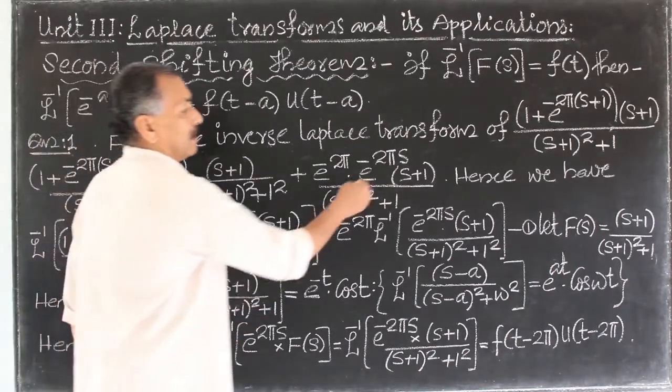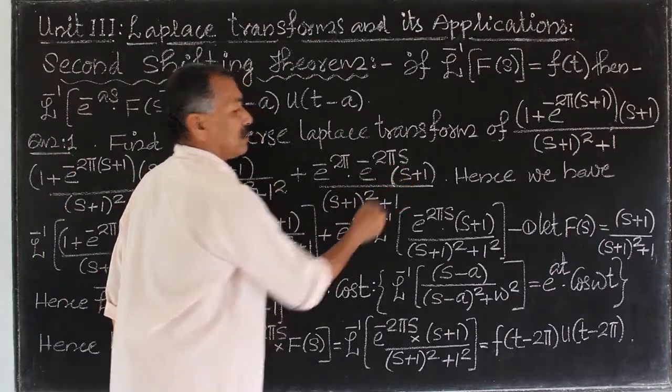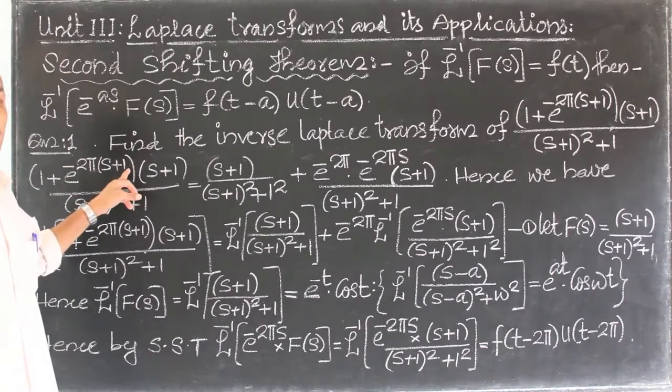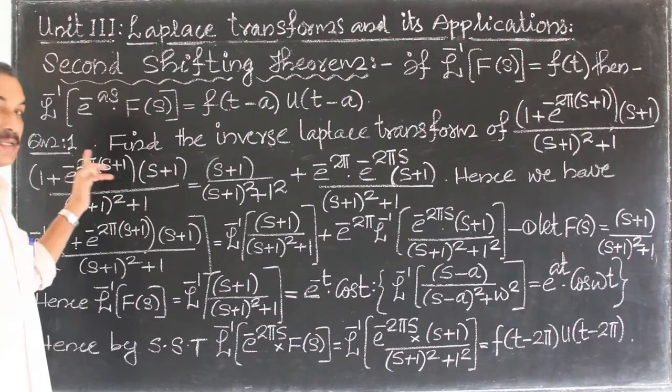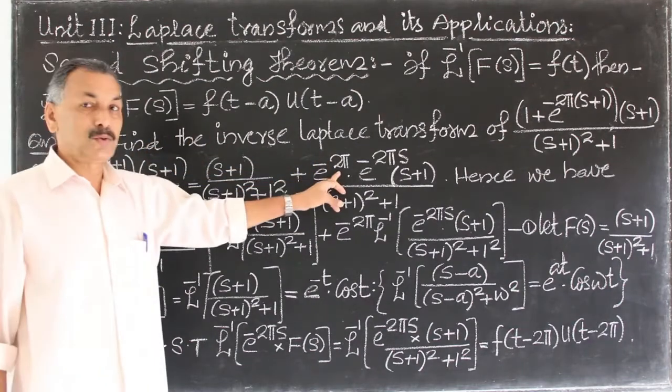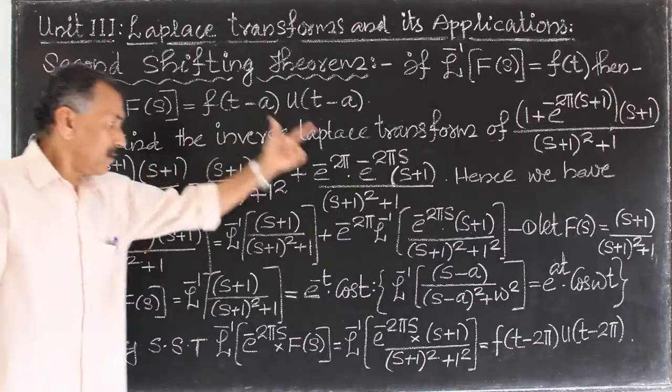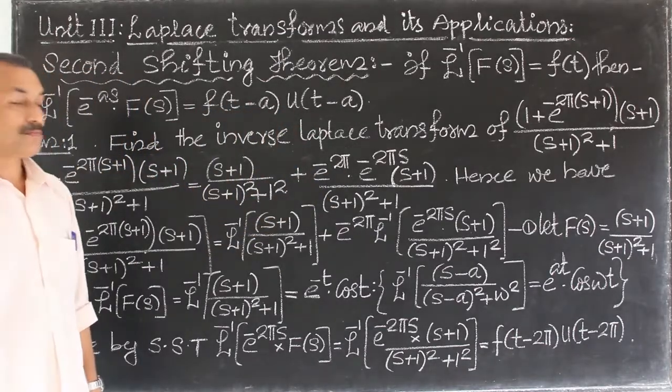Right. a raised to (m plus n) is equal to a raised to m into a raised to n. e raised to minus 2 pi into 1 is equal to e raised to minus 2 pi into e raised to minus 2 pi s, into this (s plus 1) divided by ((s plus 1) square plus 1).